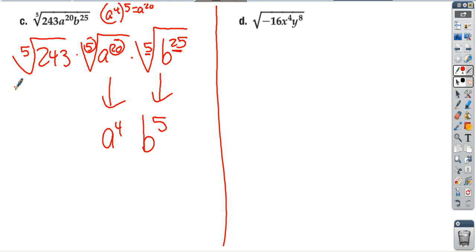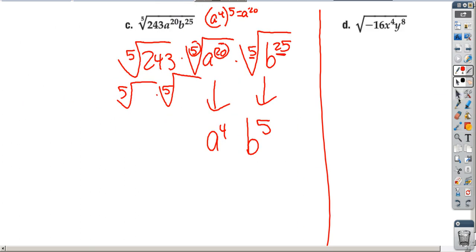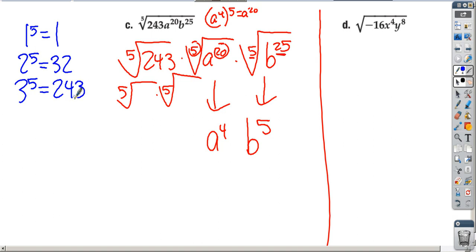And then how do you deal with the fifth root of this number? What you want to do is look for powers of 5 that happen to be located in 243. So it's good to have a couple powers of 5 listed right here. 1 to the 5th power would be 1 times 1 times 1 times 1 times 1, that's 1. 2 to the 5th power doesn't mean 2 times 5, it means 2 times 2 times 2 times 2 times 2, and that's 32. 3 to the 5th power is 3 times 3 times 3 times 3 times 3, and that equals exactly 243.